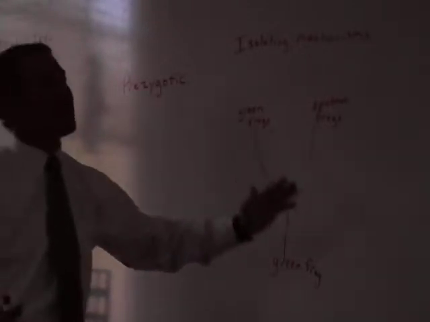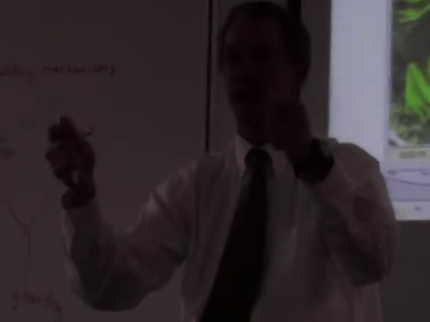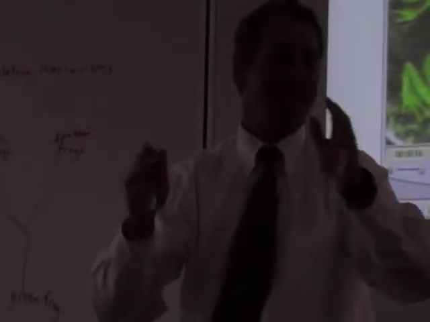It doesn't always have to happen where the isolating mechanism is something like a river. Mountains are often isolating mechanisms, where two plates collide and mountains come up and separate two populations. That often happens. There can also be isolating mechanisms that develop with species that are not divided.